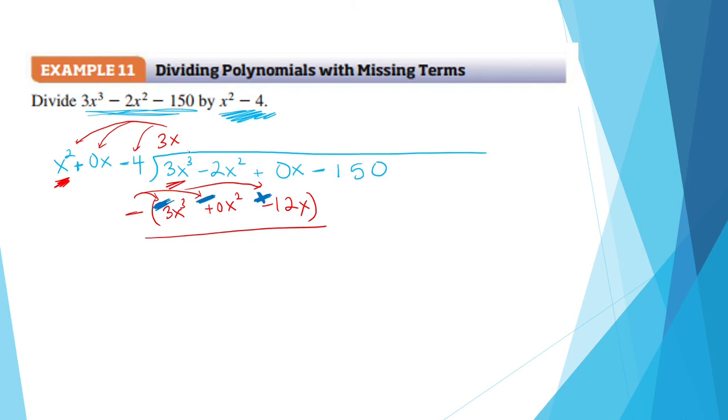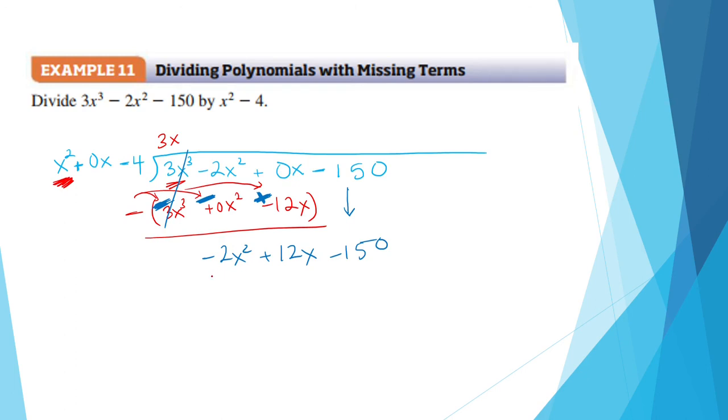This gives us that the 3x cubed cancels out, negative 2x squared, and plus 12x. And of course, now we can bring down our next term, negative 150. Let's continue the process now.